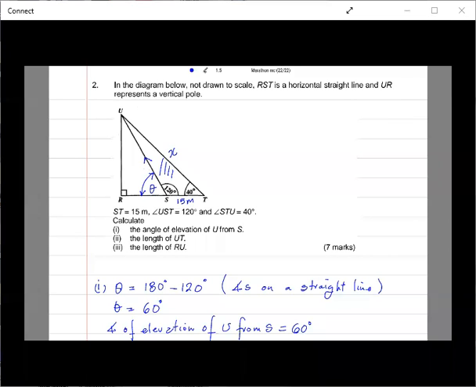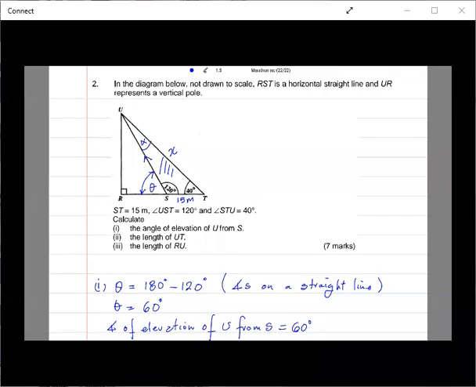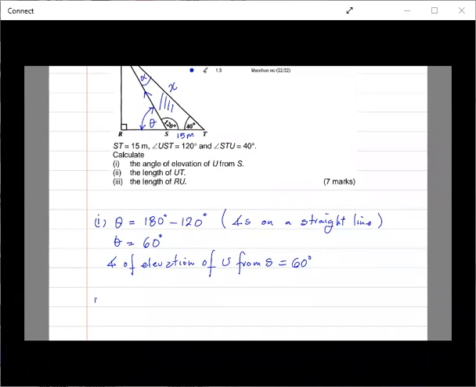In order to use the sine rule, we're going to need this angle here. I'm going to call it alpha. So alpha is equal to 180 minus 40 plus 120, and these are interior angles of a triangle.